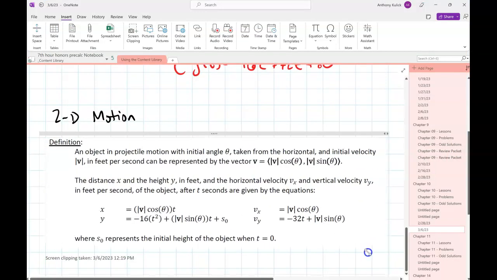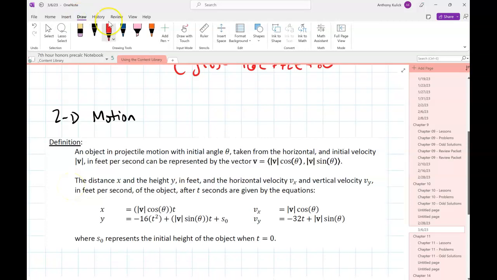Where there's some vertical component and some horizontal component. So we say an object in projectile motion, that's two-dimensional motion, is projected with an initial angle of theta taken from the horizontal. What does that mean?